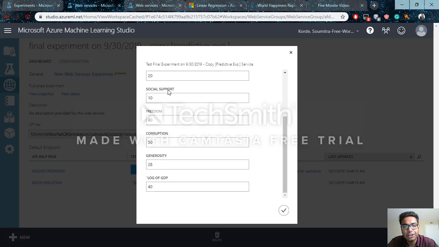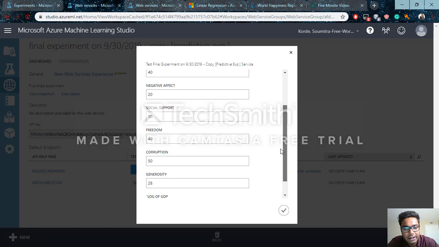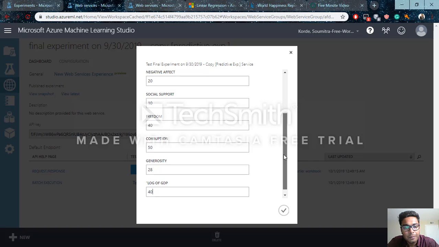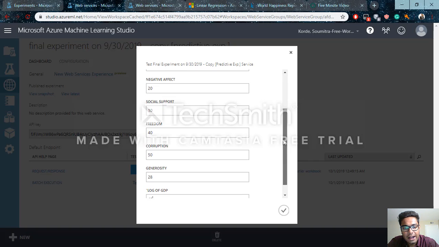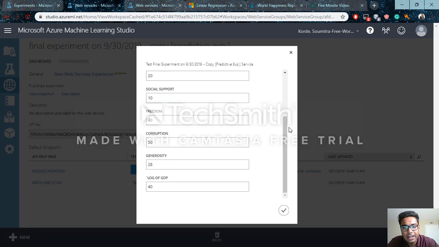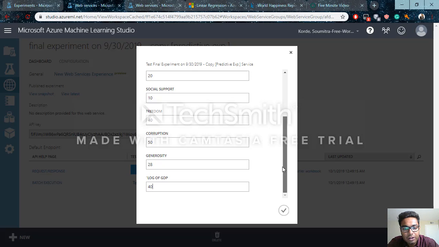After deploying the web services, we get this, and after executing the test, I've already inputted my values here to get a quicker result. We are getting these parameters that we selected as previously shown. I have inputted my values randomly, giving a really low positive effect, negative effect, and social support, and I am high on corruption.